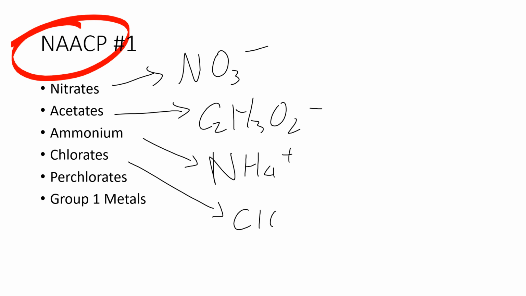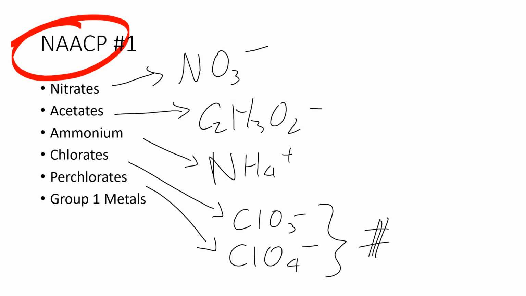Chlorate is ClO3 minus. Be sure not to make the mistake and think that is simply Cl minus. Perchlorate is ClO4 minus. So these two you have to be very careful with. These are not at all Cl minus. That's a different solubility rule.